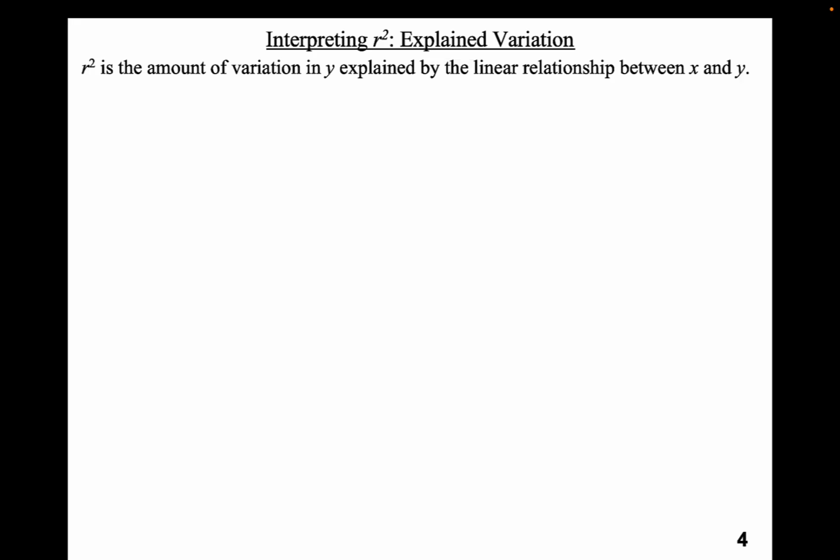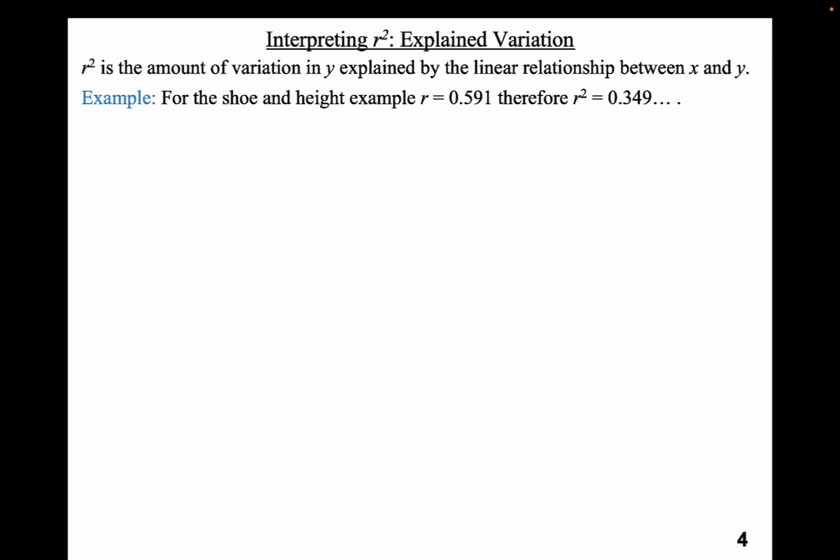Interpreting R squared, that's the explained variation. R squared is the amount of variation in y explained by the linear relationship between x and y. Example, for the shoe and height example where R was equal to 0.591, if we squared that, we'd get R squared equals 0.591 squared, which is approximately 0.349.